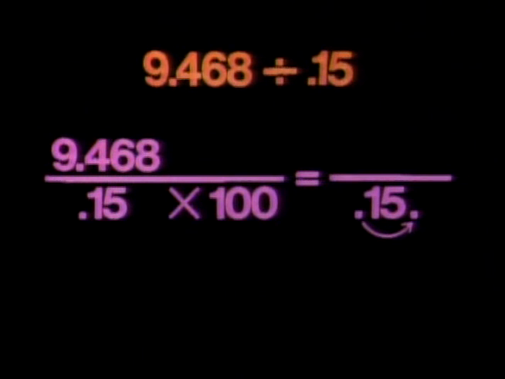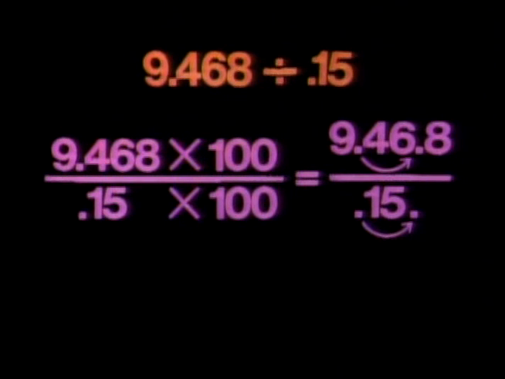The decimal, 0.15, is changed to the whole number, 15. So far, so good. But if we multiply the denominator of the fraction by 100, we must also multiply the numerator by 100. Okay, we swing that decimal point 2 places to the right also.